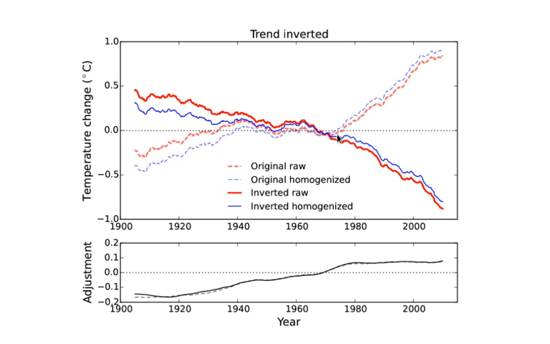Here are the results. In this case, the homogenized data show less cooling than the raw data. In fact, the effect of the adjustments in the lower panel is almost identical for the original and the trend-inverted data. The GHCN algorithm shows no tendency to amplify the trend in the data.